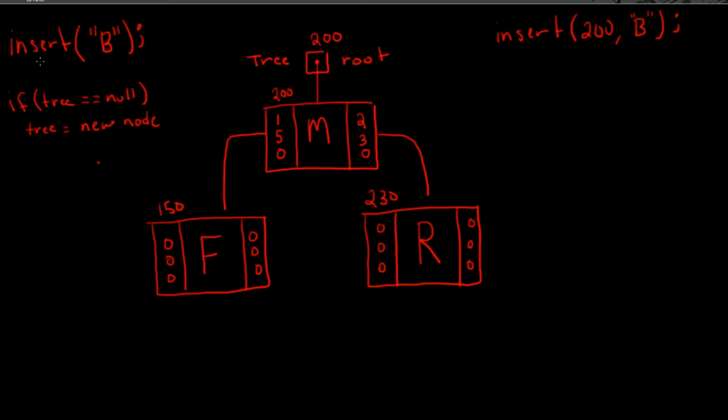We can also say that when the user calls insert and passes some sort of value, in reality it calls the private function. This is the private one here, and it took two arguments. It took the root and it took the value, right?